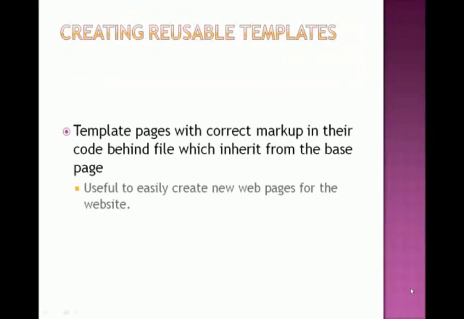The previous example showed us how we can create template pages with correct markup in their code behind file that inherit from the base page, and how we can easily use them to create new web pages in one single shot. So we needed to take a little time and a little work to create the template and create a way to name the file basically with the relative URL namespace.